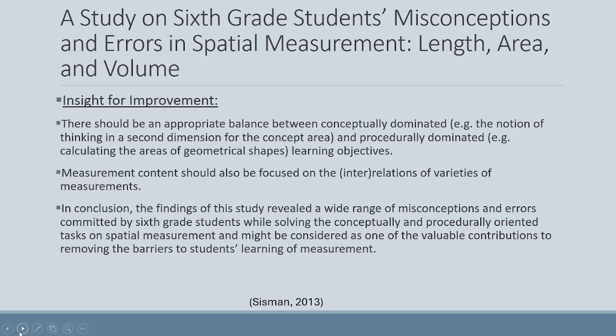So again, this goes back to our conversation of blending algebra and geometry, that this research itself indicated that it is important to keep a balance between conceptual and procedurally dominated learning objectives.